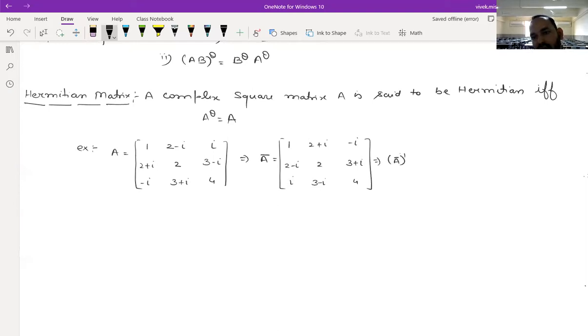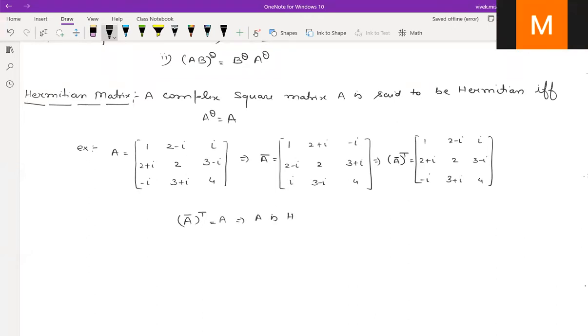A conjugate का transpose, that is 1, 2 plus I, minus I, 2 minus I, 2, 3 plus I, 3 minus I, 4. Okay, there's A theta. Now, if you look at A conjugate transpose is same as A, implies that A is Hermitian. Yes, sir.